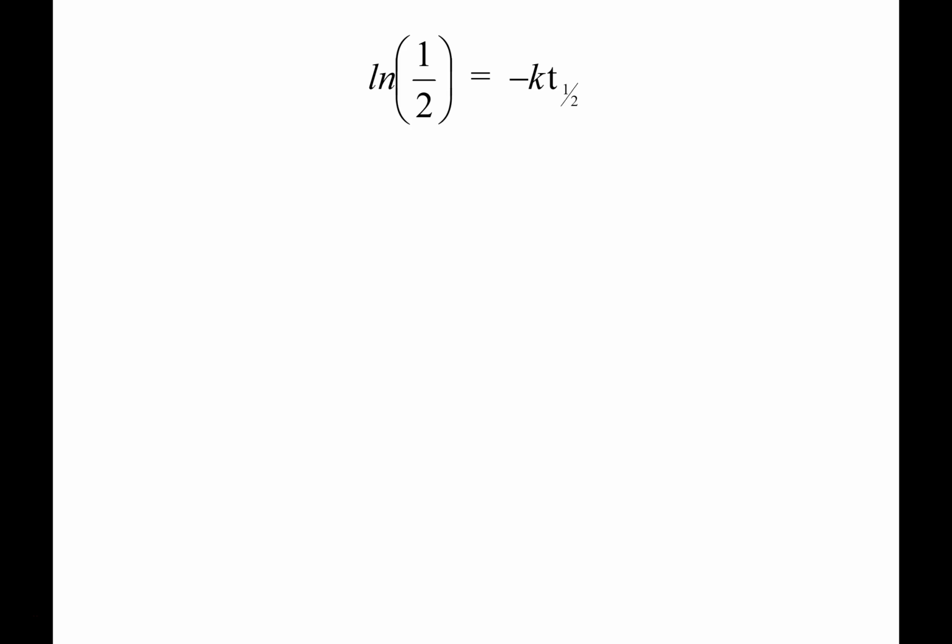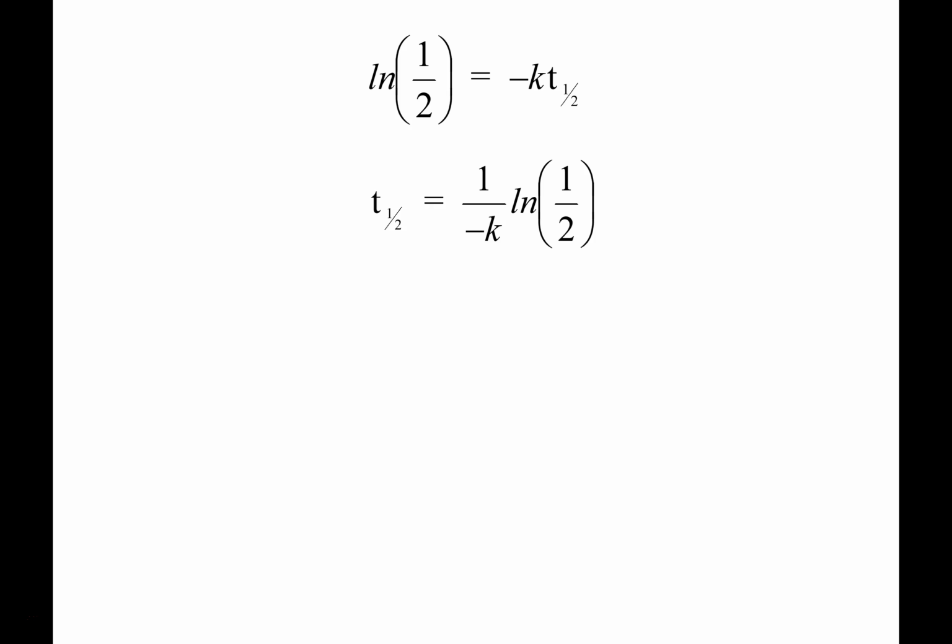I've got one more form of that. I'm running out of room for my first order. So the half-life for first order is equal to 1 over negative k times ln of 1/2.